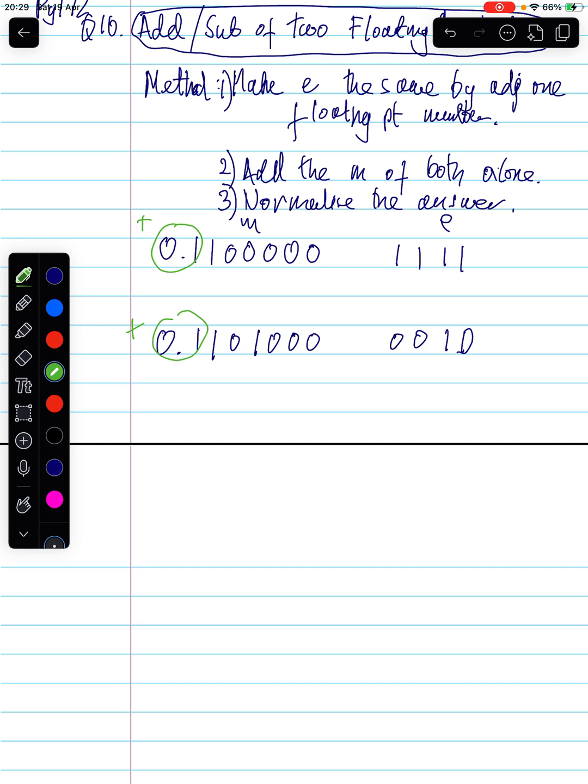Now we can't just do column addition here, because these exponents are different. If we do, it will be incorrect because we're adding up the wrong column to the wrong column. So we aren't going to do that. What we're going to do is adjust one of them.